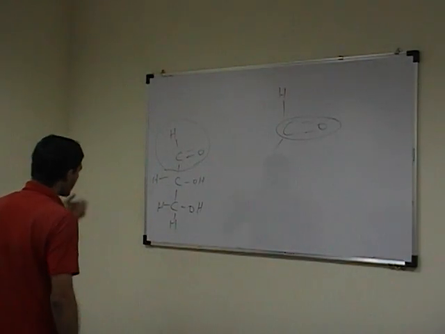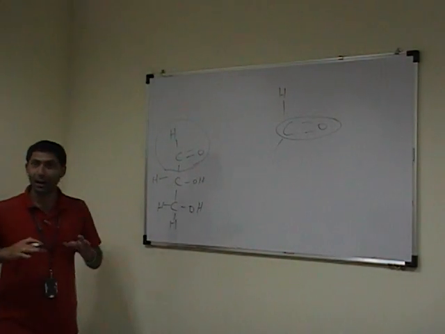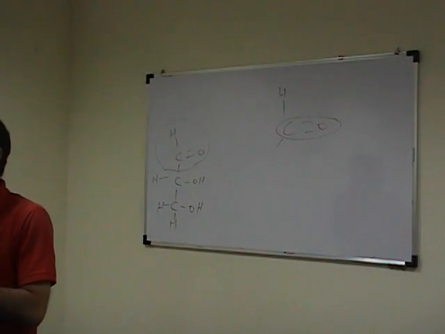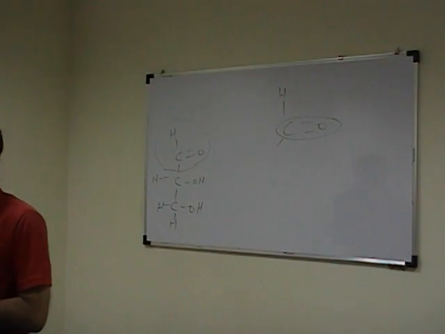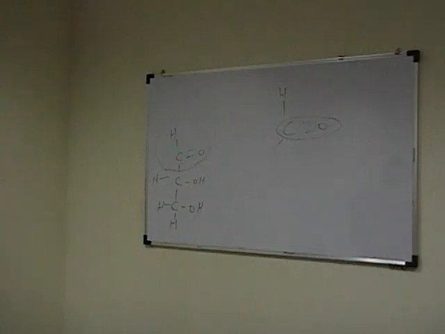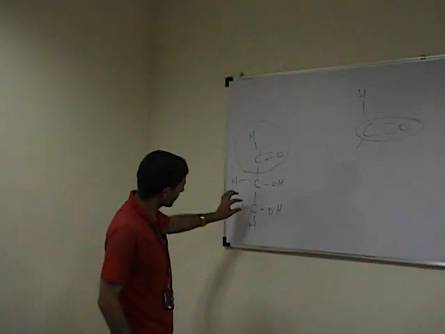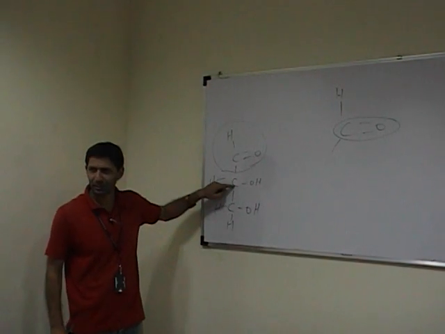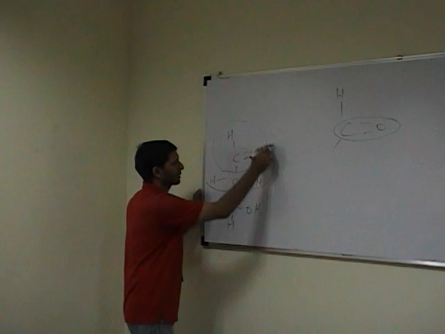Actually, the basis of how many isomers will be present is the concept of chirality. What is chirality? It should be attached with 4 different groups. Here, this carbon is attached with H, H, OH and this whole different structure.